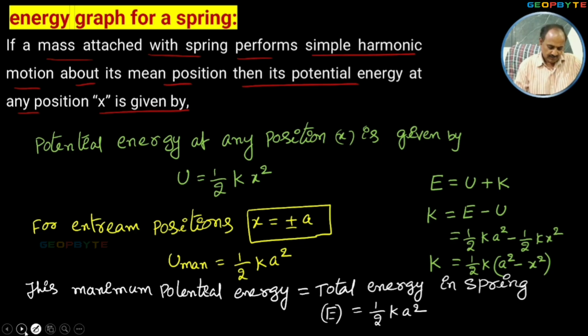Let us take the spring with net force equal to 0. This is the case where the net force on the spring equals 0, then x equals 0. If x equals 0, what is the potential energy stored?